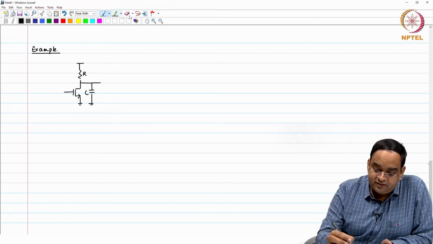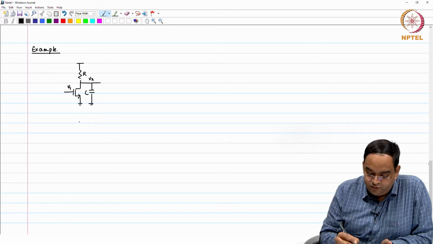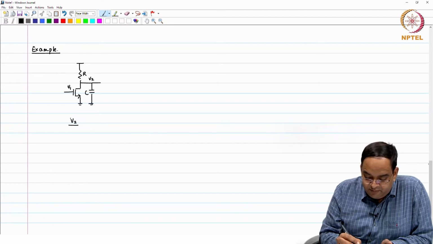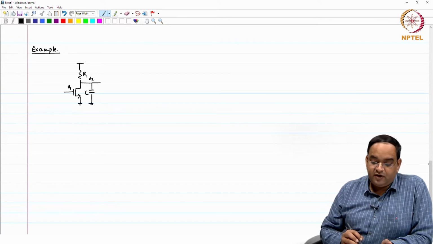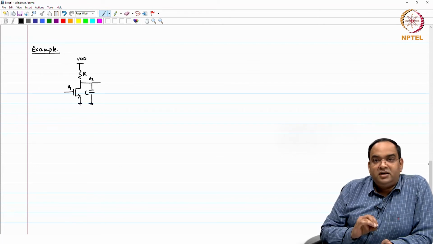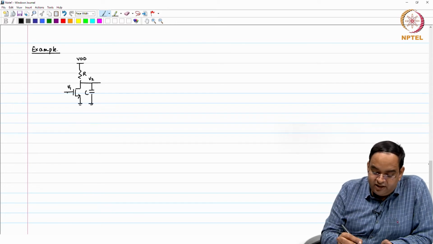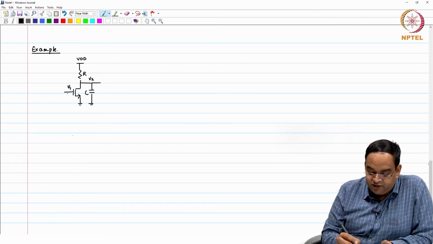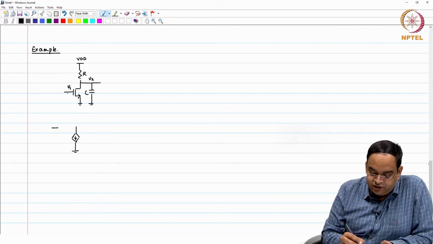If I call this V1, the gain from V1 to V2 for the amplifier at a given operating point can be found out. Let us say you have this common source amplifier and it is biased with DC voltages. We can find the gain from input to output using the small signal model for this amplifier, assuming that it is biased in the saturation region.